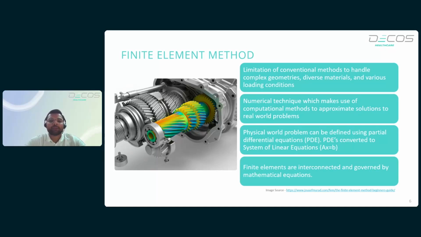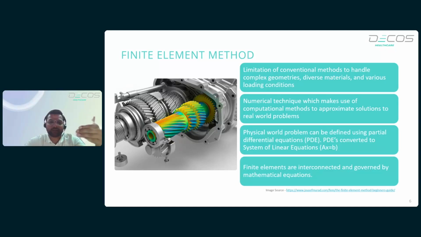Okay. Now, as in a real world scenario, if we have a really big goal or a target, we divide it into a few smaller targets. Then we try to hit those small targets one by one, right? Similarly, in FEA, a large product is divided into a finite number of elements. Each element is connected to the others and is governed by a mathematical equation. These equations are analyzed, and the solution of a single element is interpolated over the entire domain.